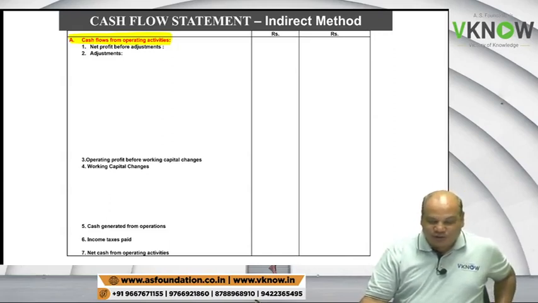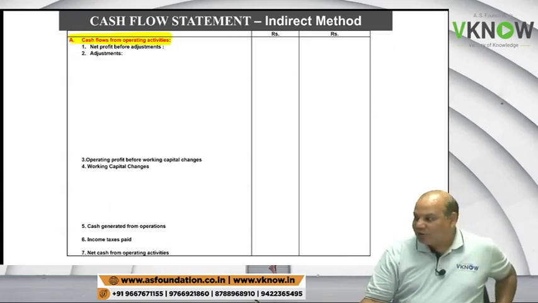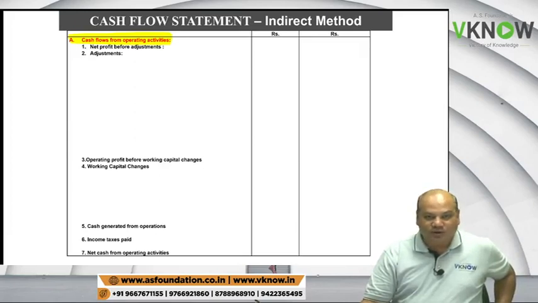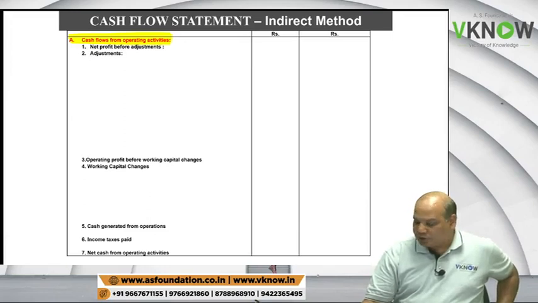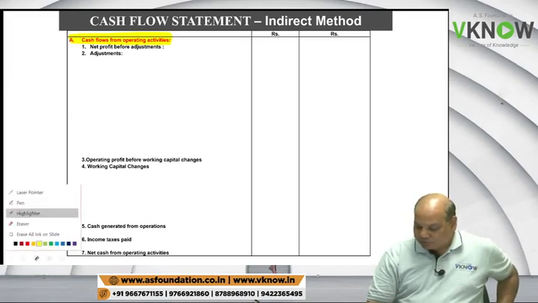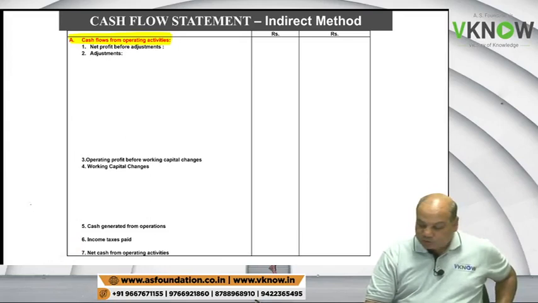So don't do that. First, point 1, net profit before adjustment. One line blank. Point number two, adjustments.